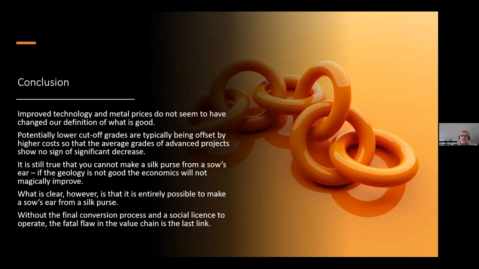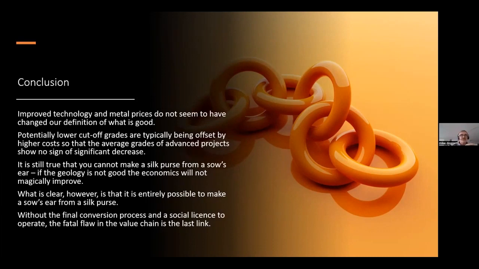And here I'm talking about the fact that you can have a good-looking deposit geologically, you can have a great-looking deposit economically, but it may still have no value because it can't get through that last step in the conversion process leading from basic geology into profit in this value chain.